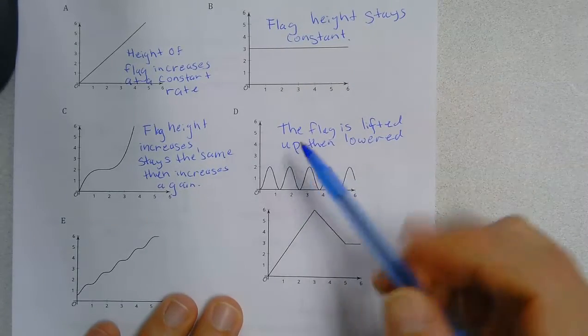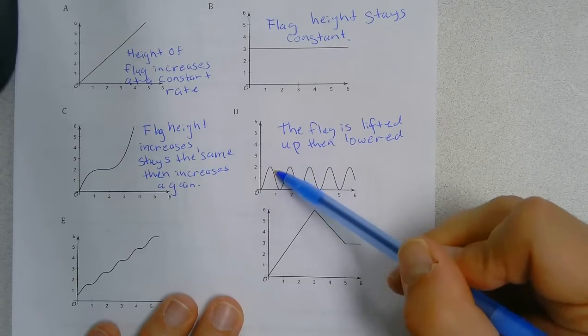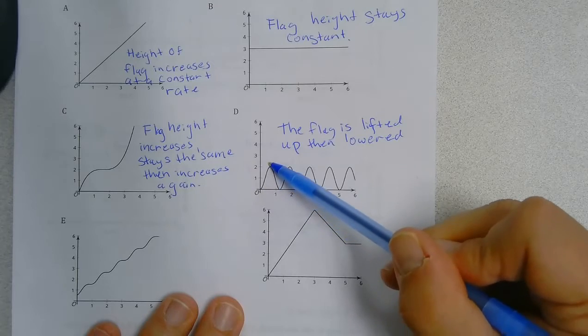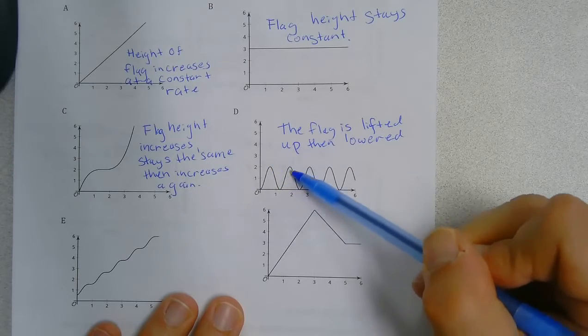And I'm just going to say that that happens repeatedly. So this is very much a pattern or a wave pattern where it's lifted up at a rate, stops, and then goes down at a rate.